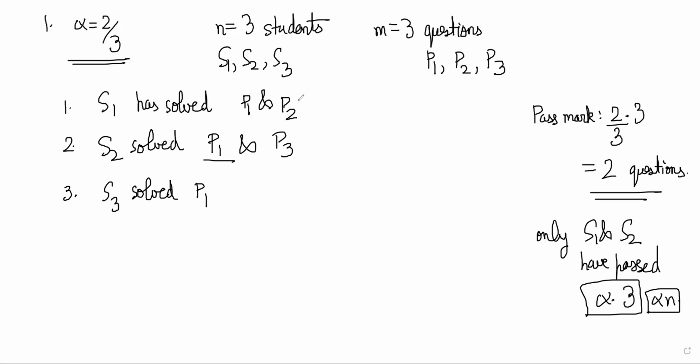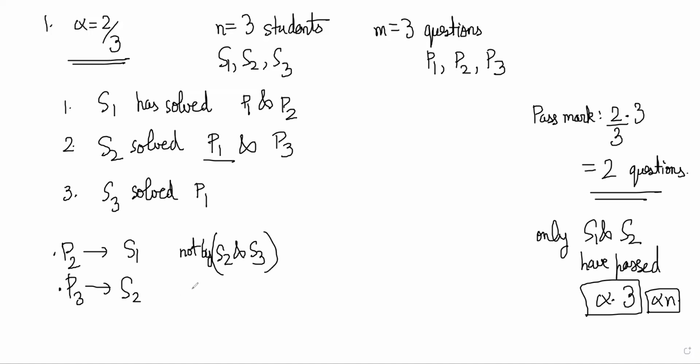And which ones are the difficult problems? P1 is an easy problem. P2 was solved only by S1 and P3 was solved only by S2, right? So actually P2 and P3 are difficult problems because P2 was not solved by S2 and S3.